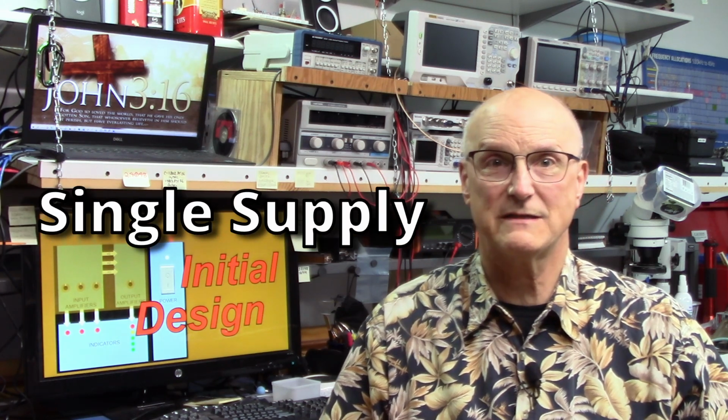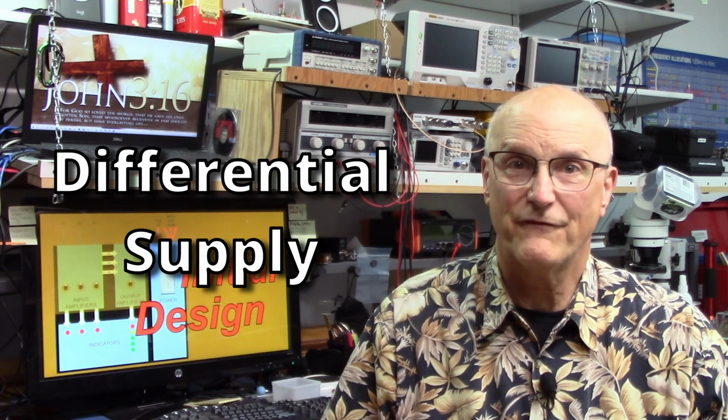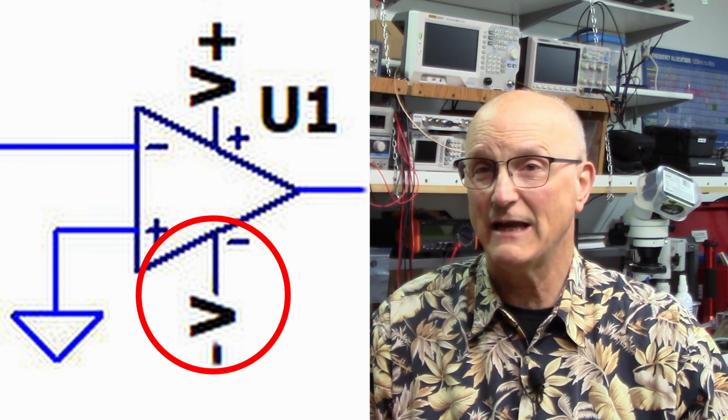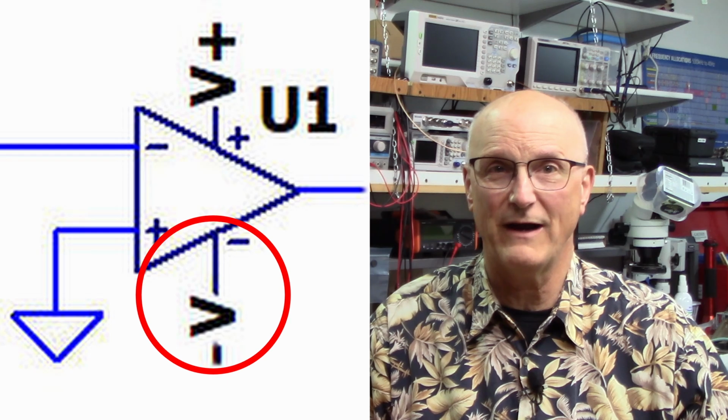The first and most important effect is that the whole design is moving from a single supply to a differential supply. Well, what does that mean? It means that I need both a positive and a negative power supply voltage. The negative supply of the op amps will be connected to a negative voltage supply instead of ground.